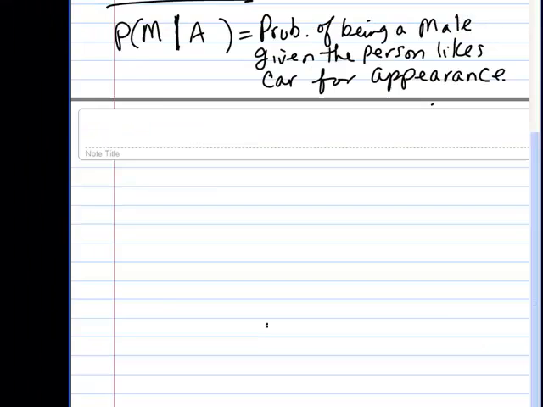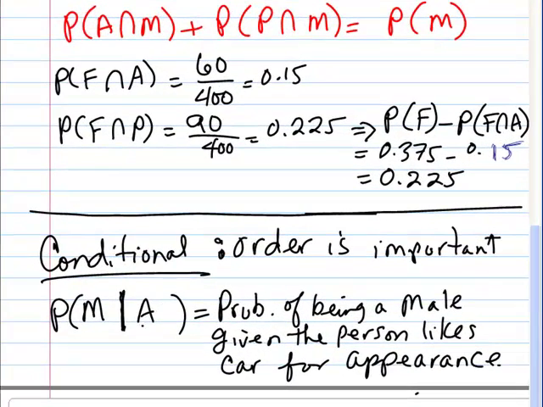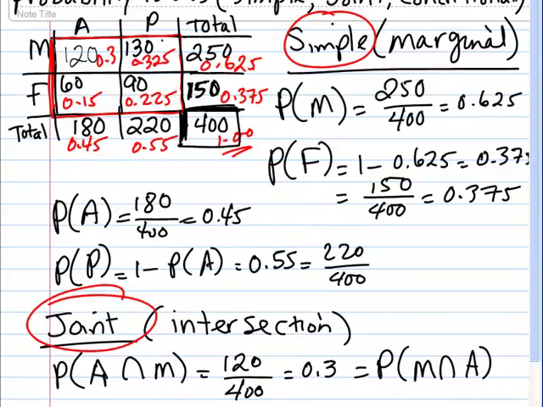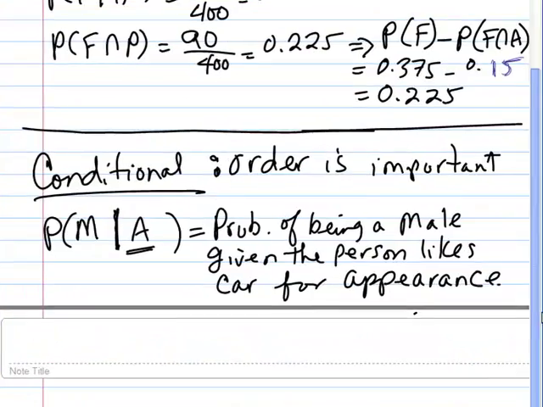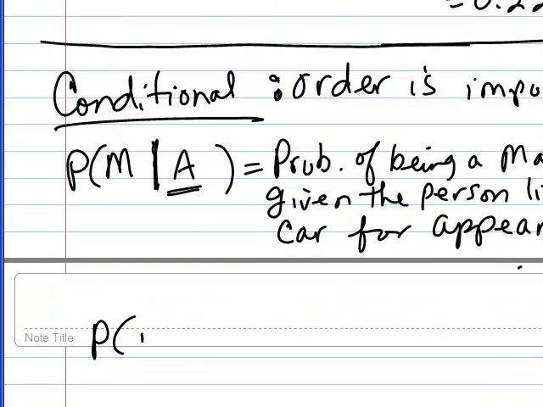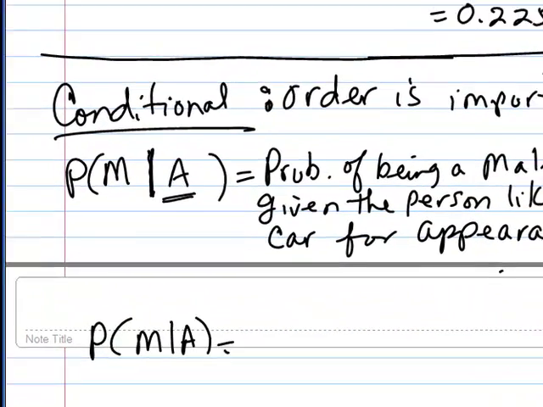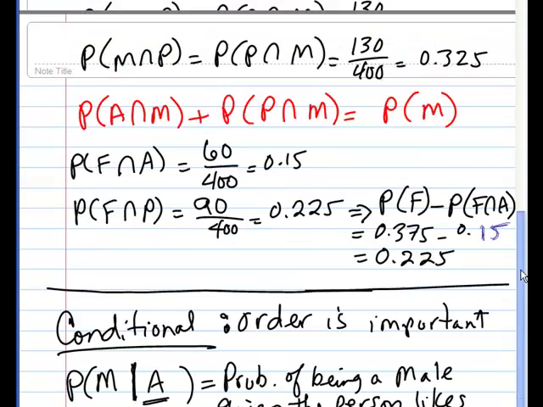Since we are looking at given A, we're zooming in on this A column right here. Now we know there are 180 of them in there. So probability of M given A, we know there's 180 of them, so we should be dividing by 180.